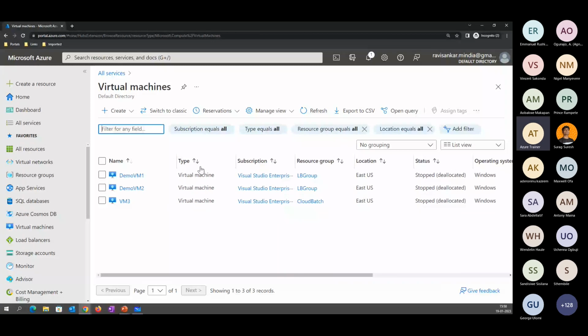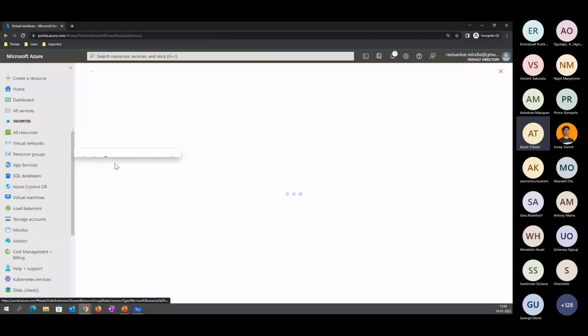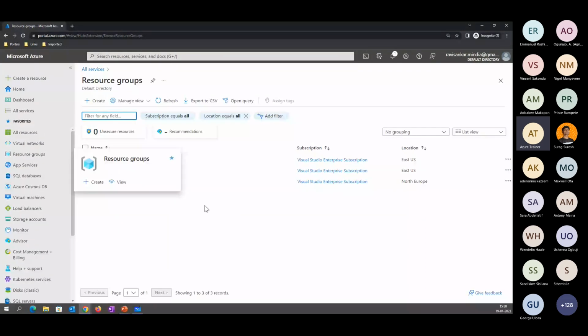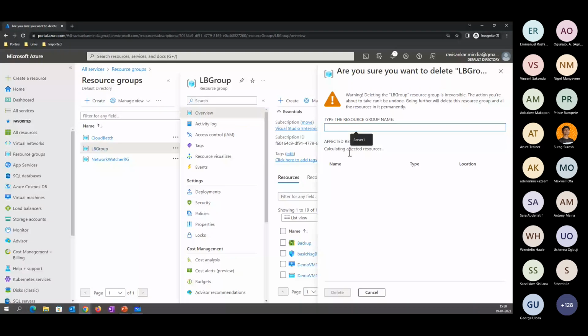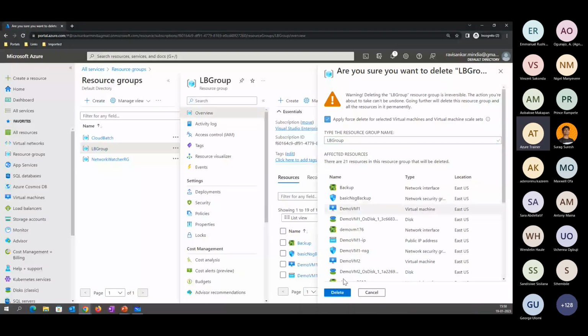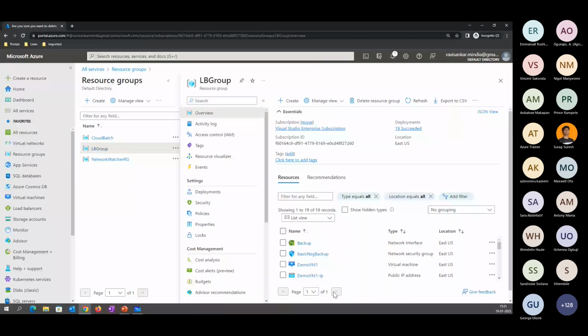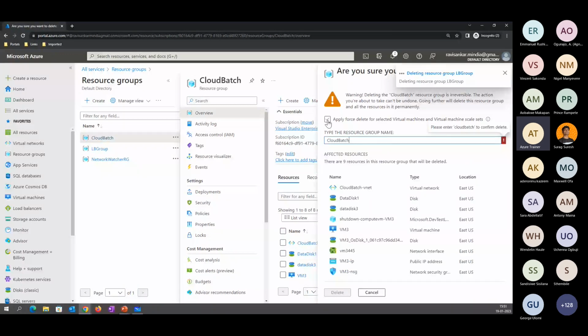Let's take a scenario here. We'll do one thing. Let me clear this resource group here, otherwise you may get confused. Give me a second. Let me delete these components. Give me a minute, otherwise you may get confused about where this resource is being created.